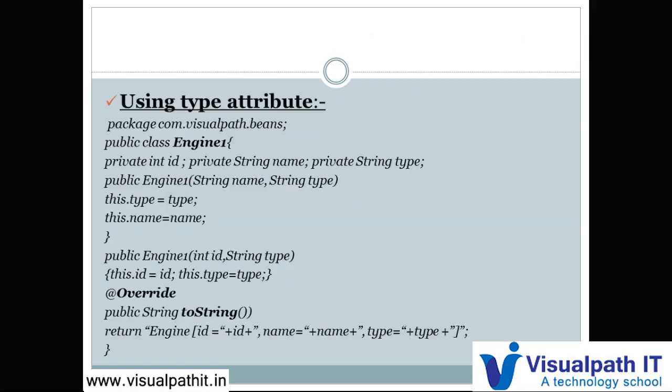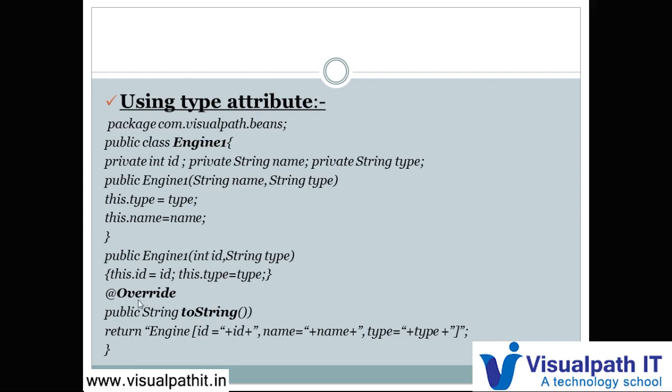Now let's get into the usage of the type attribute to resolve the problem with respect to the constructor. First, if we see here, this is a class Engine1 which has variables id, name and type. This constructor has name and type, and this one has id and type.